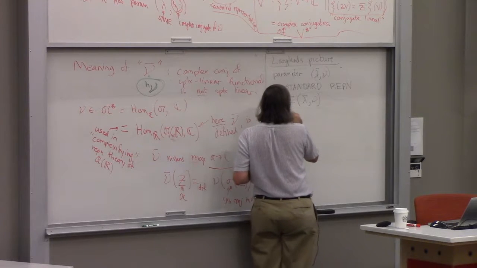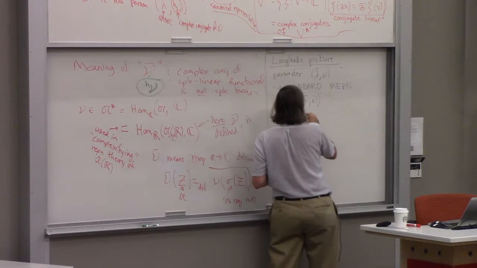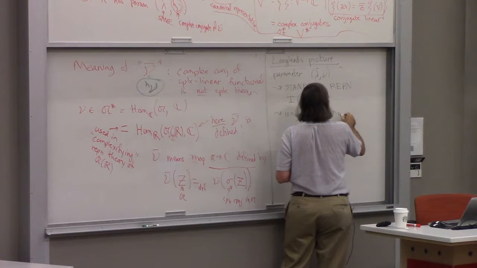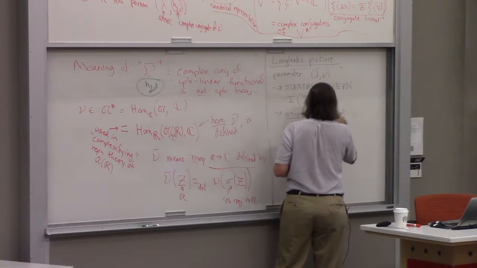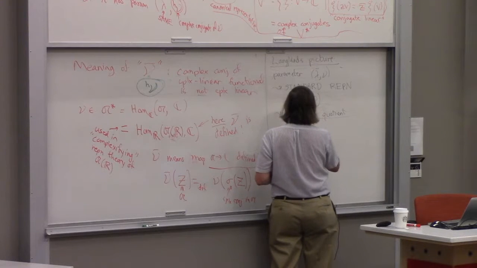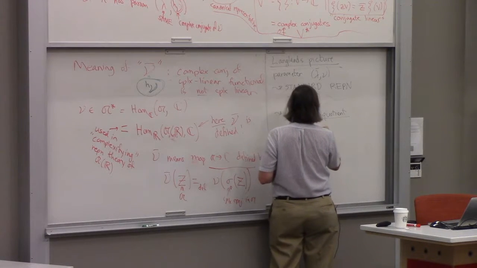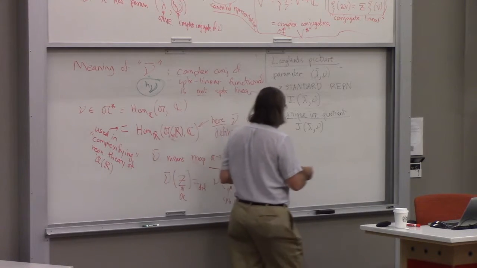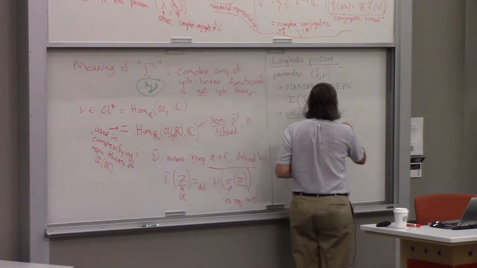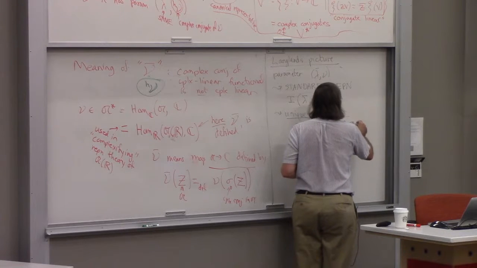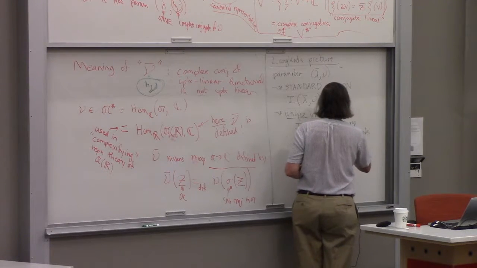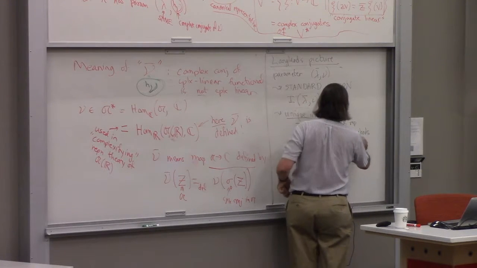And this has a unique irreducible quotient representation that Langlands called J of lambda nu, and this is the irreducible representation with Langlands parameter, this lambda bar nu.